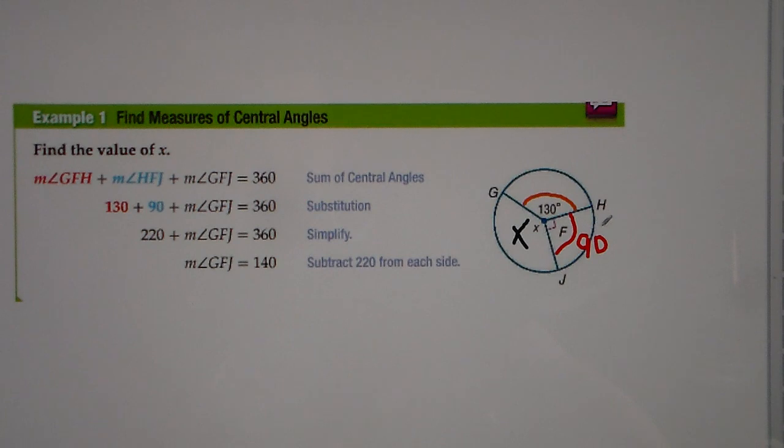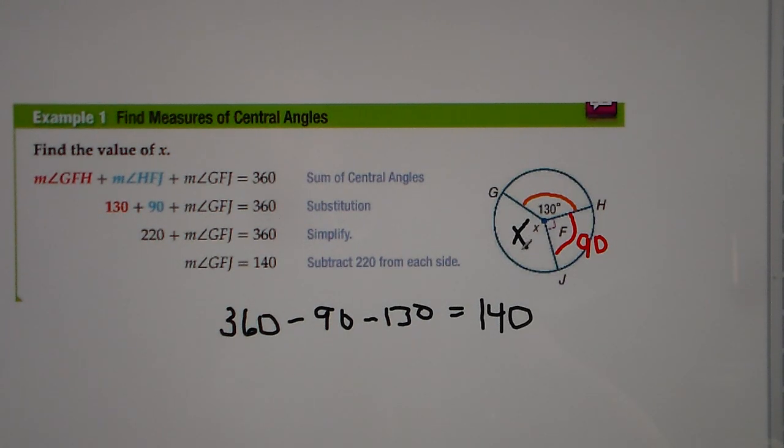So to find that value of x, we do 360 degrees minus the 90 degrees that's given to us, and minus the 130 degrees. And when we do that in the calculator, we're going to get 140 degrees left. So that green angle, where that x is, is 140 degrees.